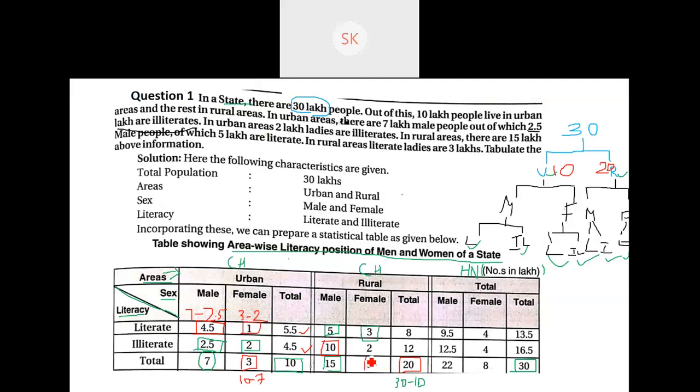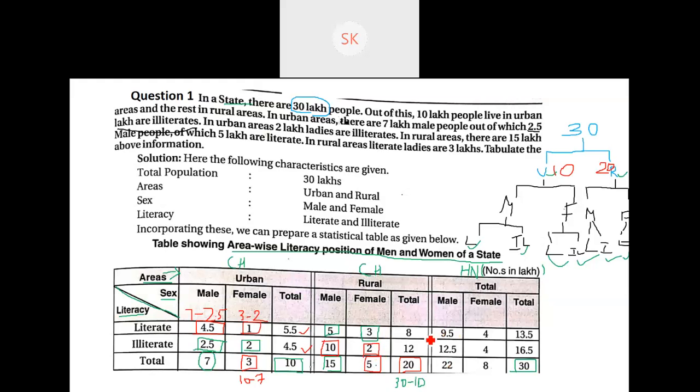So 5 is the total female population in the rural area. Out of 5 lakhs, 3 lakh females are literate, which means 2 lakh females are illiterate. 5 minus 3 is 2.